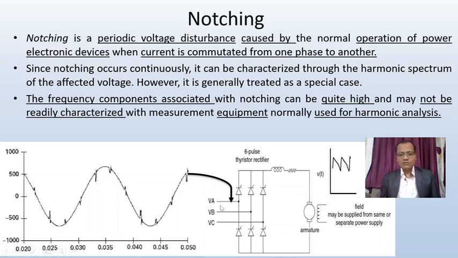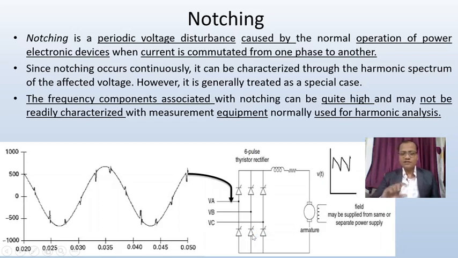So what happened? Initially when VAB is dominant, these two SCRs are working, and when VAC is dominant, this SCR remains the same, but instead of this SCR, another one will be in the on position. The shifting of current from this one to this one is nothing but the commutation of this middle SCR.